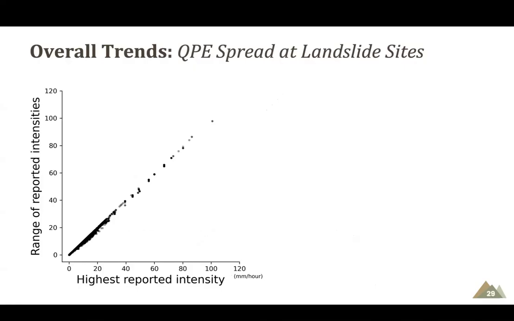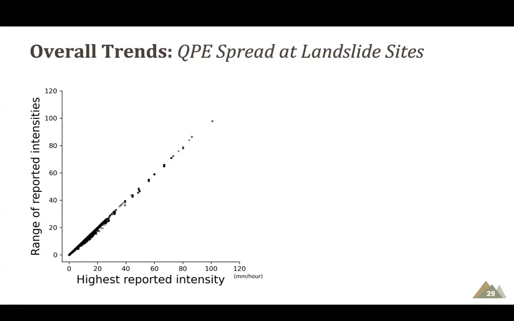And then on the y-axis, it's the spread or range of reported intensities among the different QPEs for that same hour. So we can think of the x-axis as being like a maximum, and the y-axis as being like a max minus min for a certain hour at a landslide location.